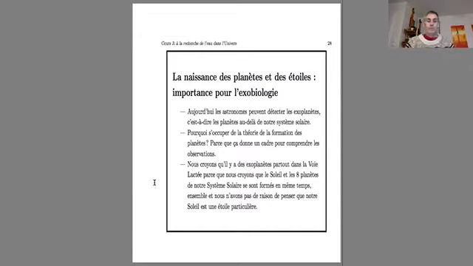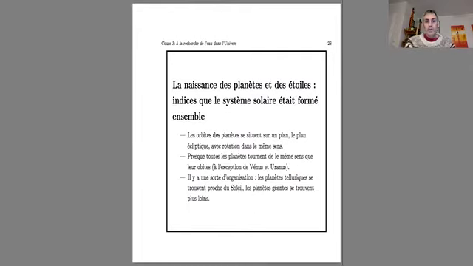This is the principal reason, and so our observations are all supporting that theory that planets and stars form at the same time in this one process. So that's going to be my first slide. Then, the observations here in the solar system that support the idea that the solar system was formed together.